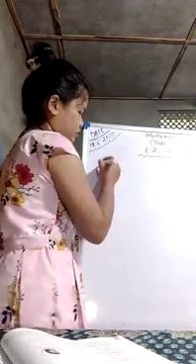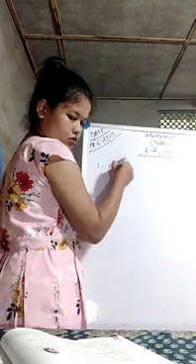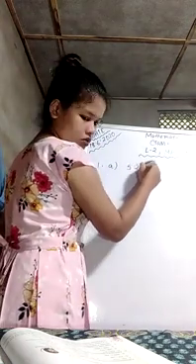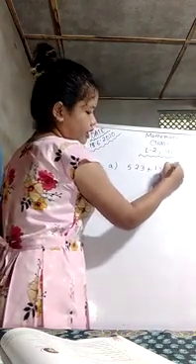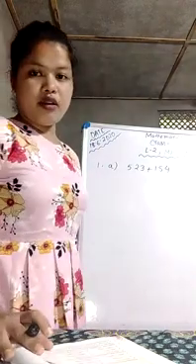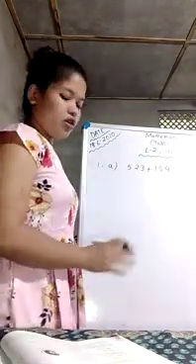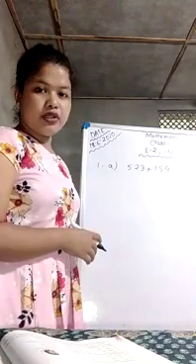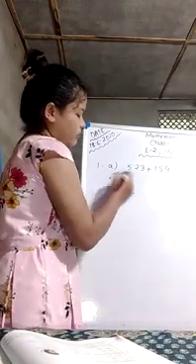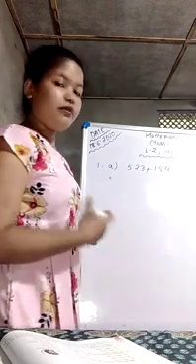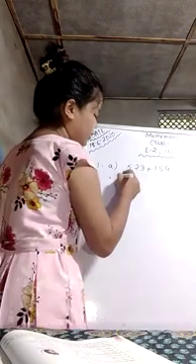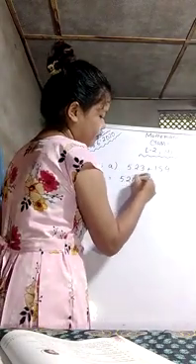MPT 7. Already we have learned rounding of the numbers to nearest tens, nearest hundreds. Okay. So here we have to round off the numbers to nearest 10. So 523, when we round off to nearest 10, it will be 520.